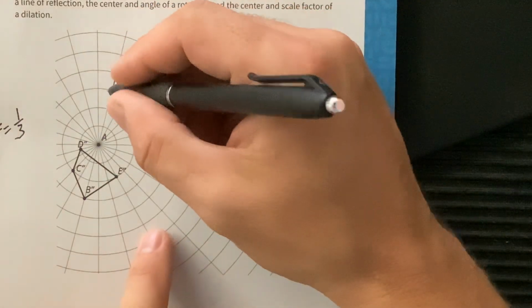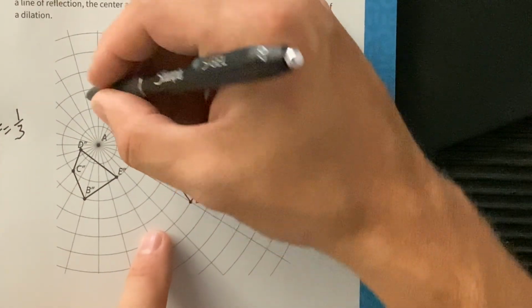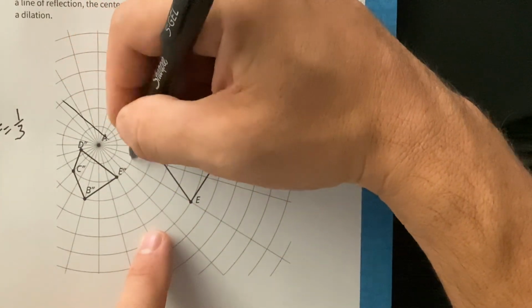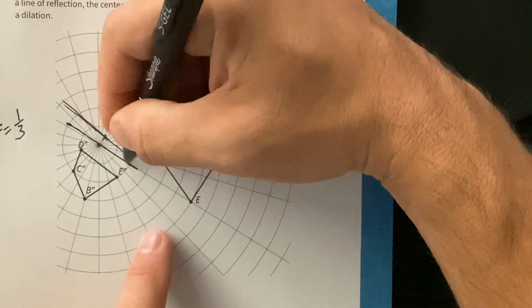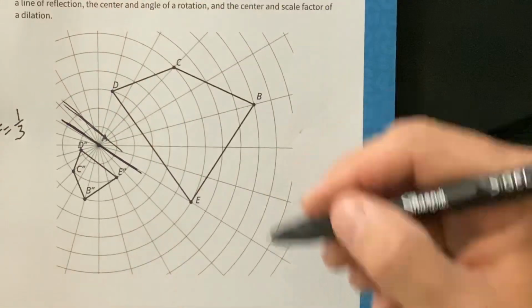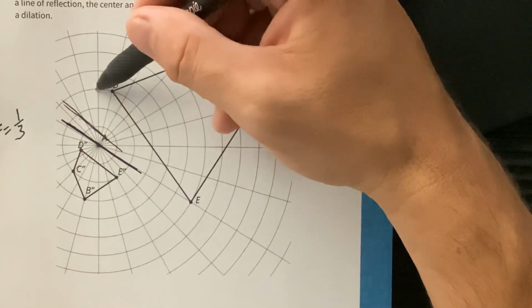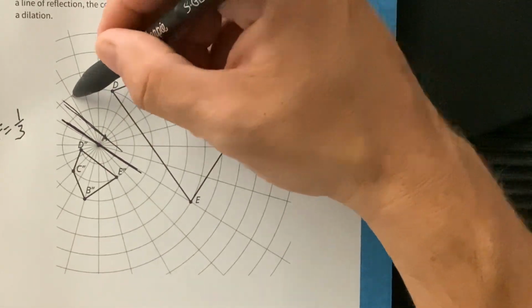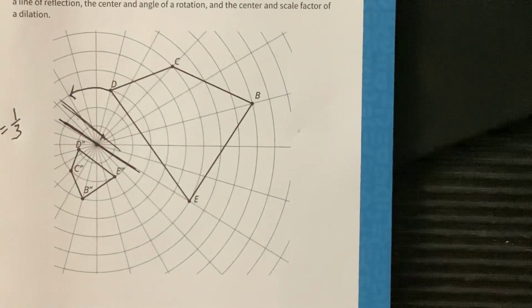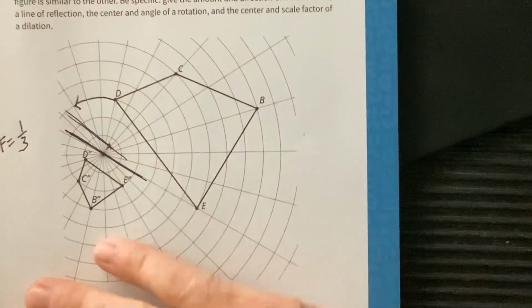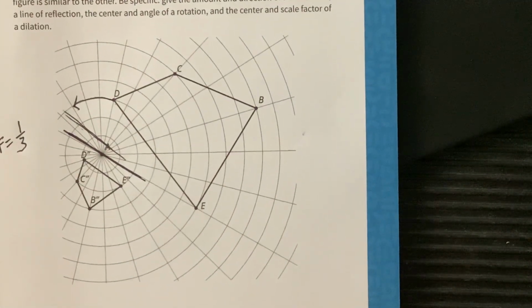I would just rotate it a tad this direction and then reflect it across probably this line right here. How many spots would I have to rotate it? I would probably rotate counterclockwise 3 spots and then reflect it across that line.